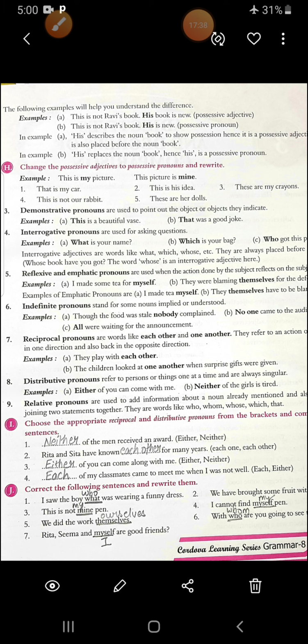Second one, this is his idea. This idea is his. Third, these are my crayons. These crayons are mine. Fourth, this is not our rabbit. This rabbit is not ours. The fifth one, these are her dolls. What will be the answer? These dolls are hers.